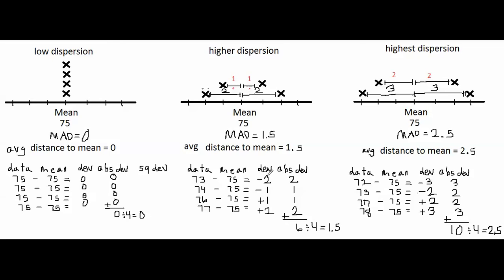So for example, here it will be -2 times -2, -1 times -1, 1 times 1, and 2 times 2. But it turns out that actually you can get the same answers. Well, I won't get into that. We'll just do it the way we've been doing it. So you have to multiply each deviation by itself. 0 times 0 is 0. 0 times 0 is again 0. So all of these squared deviations will come out to 0.